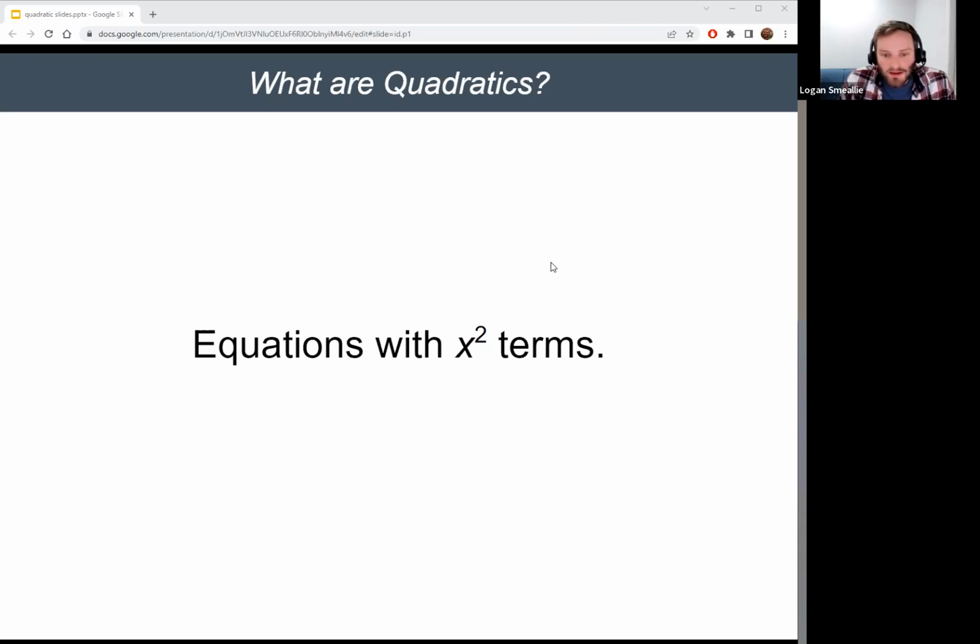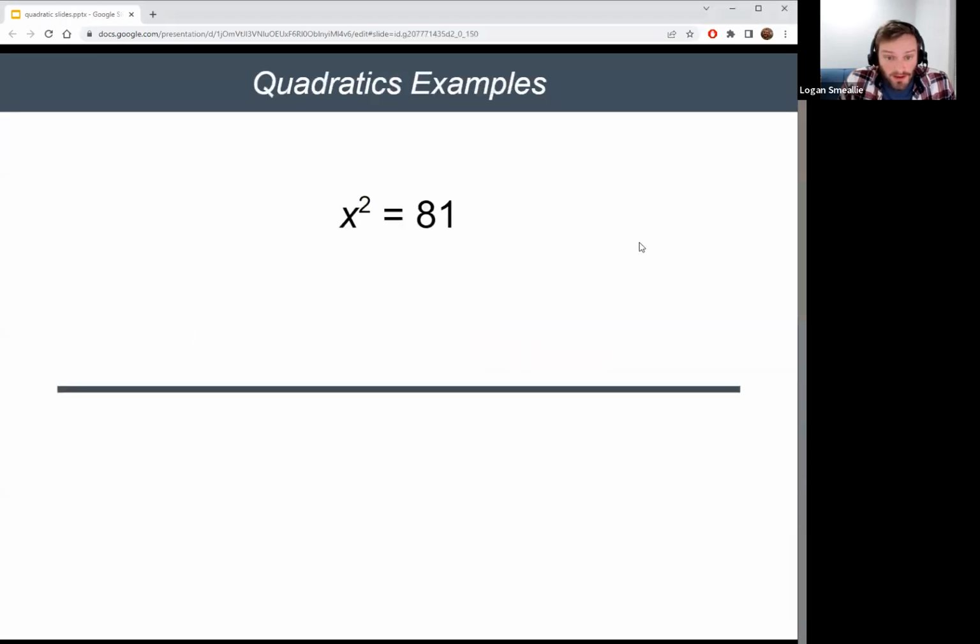Okay, let's get into why the x squared makes things weird. To start understanding, we just have to look at a really nice and simple equation. x squared equals 81. Usually when we see x equals, we know there's just one option. x is something, and we just have to figure out what that is.